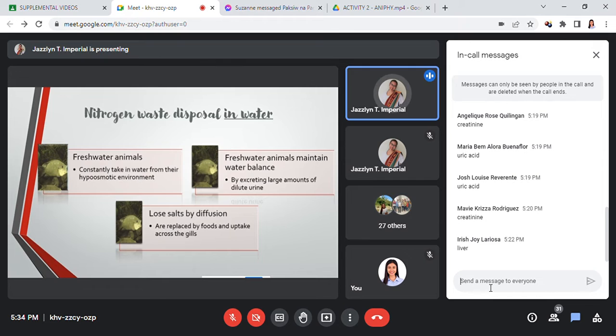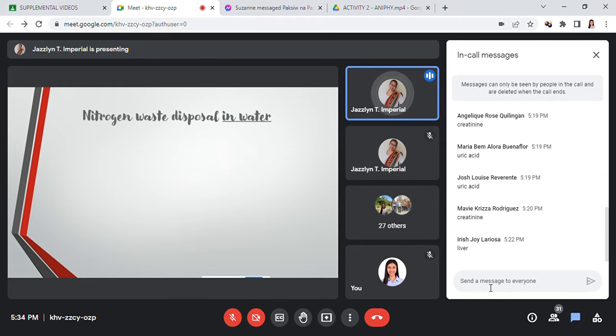So in the case of freshwater animals, they excrete large amounts of diluted urine. Okay, so how do they replace the lost salt? By taking in food, through their mouth and then also uptake of salt through their gills.